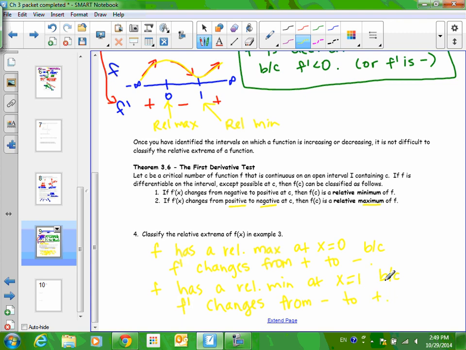You can't just say changing signs. You have to actually say it's changing from this to this. Okay? So not too bad. Not totally different than what we've been doing. The sign chart thing is maybe new. Maybe you saw this in pre-cal. If you were in pre-AP, you might have seen this in another context.